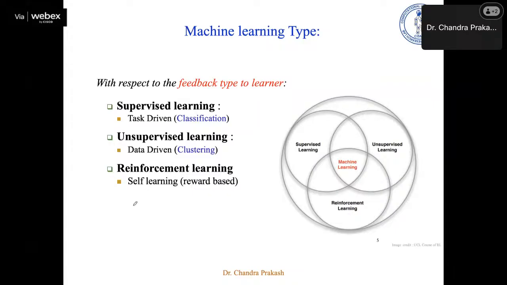In supervised learning, what we are interested in is modeling, which is nothing but coming up with a function like this: for every x, I want to know what is y. In supervised learning, that y is already there, because it's labeled data. The data that we have is labeled.